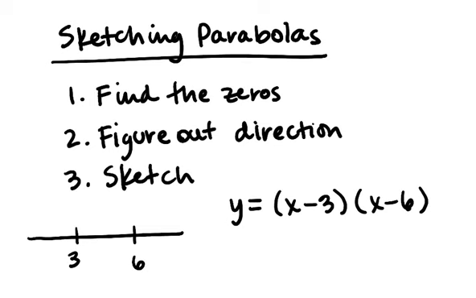But I don't need to, because I know I'm going to get positive x squared, which means that it opens up. Okay, so I know that these are the zeros, and I know that it opens up, so it's going to look like that. That's a decent sketch, especially for what we're going to need to use it for.